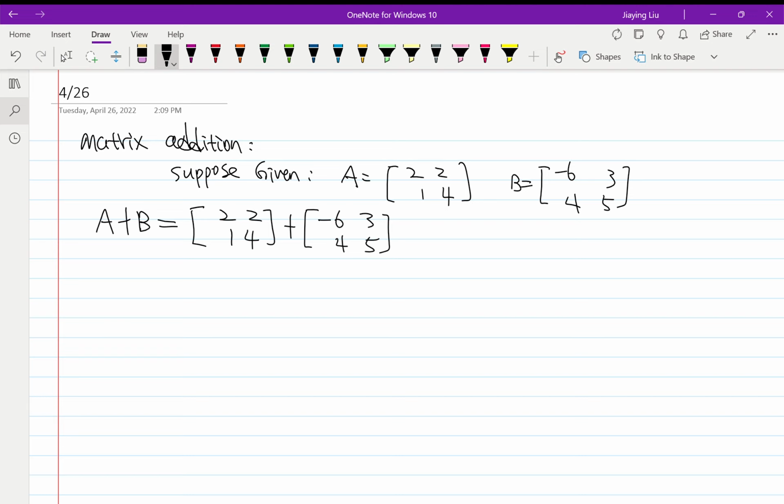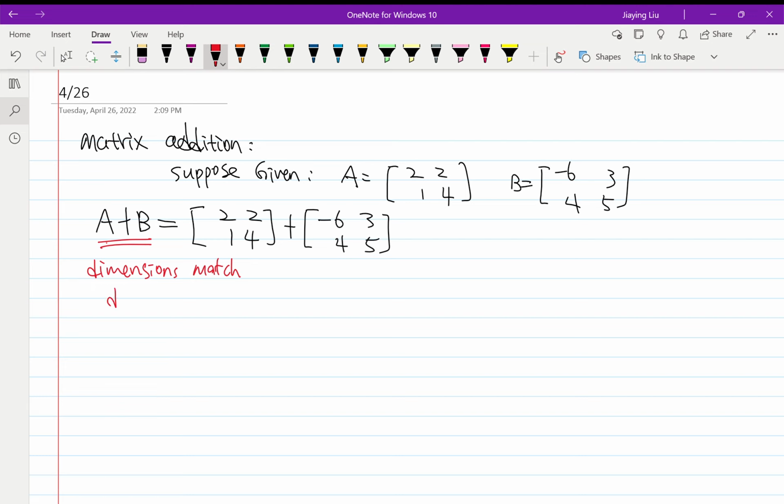But before you actually carry out the addition or subtraction or multiplication, you also always want to check whether you can do it, right? You can perform the algebra. So in this case, when we add two matrices, we have to make sure that the dimensions match. When I say dimensions, I mean the row number and the column number.